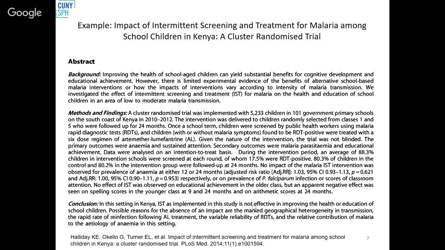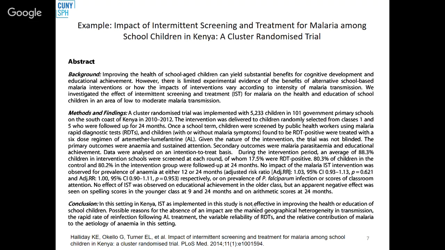Then there's some discussion of possible reasons of why that is, including possible rapid reinfection following treatment.